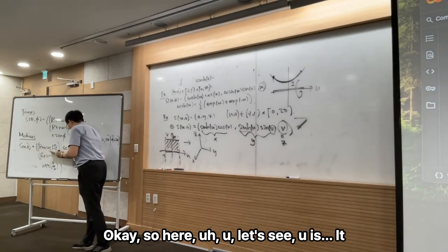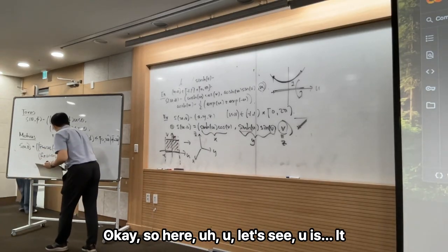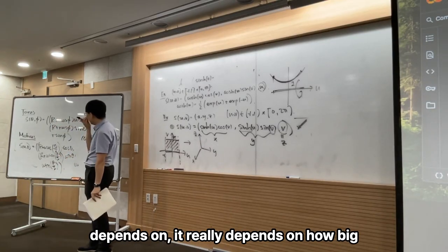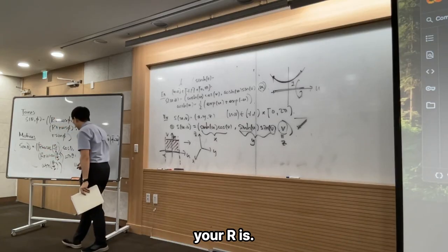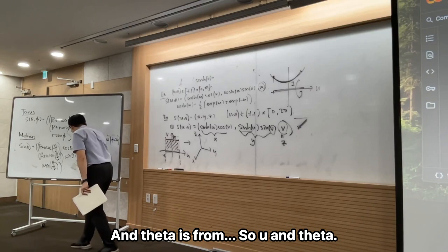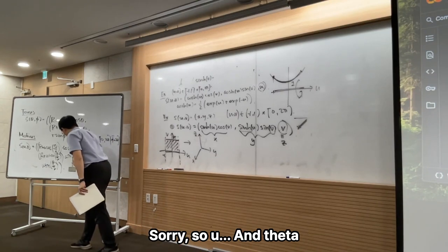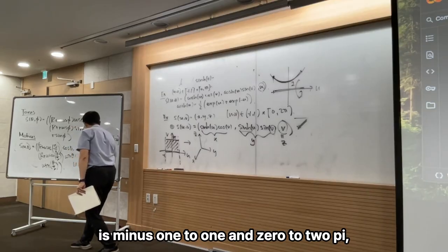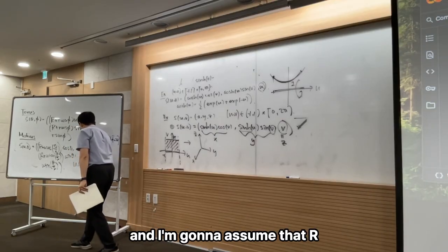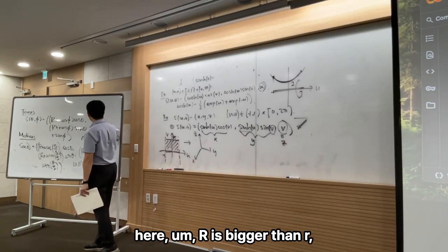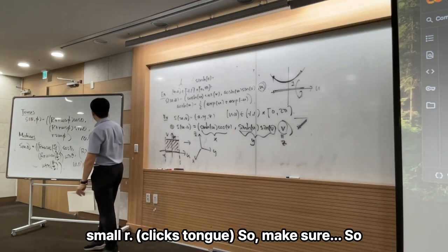Here, u really depends on how big your R is, so I'm going to take minus 1 to 1. So u is from minus 1 to 1 and zeta is from 0 to 2 pi. And I'm going to assume that R is bigger than 1. So here, big R is bigger than small r.